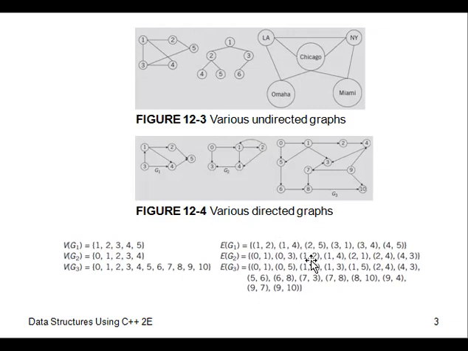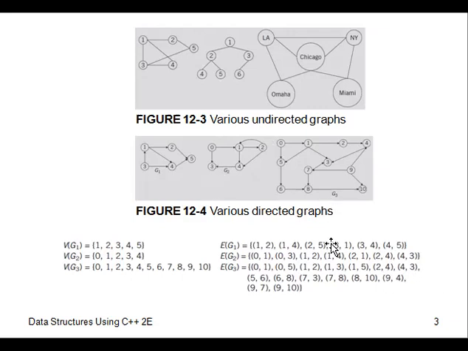So the edges can be represented as 1 comma 2 and 1 comma 4. From the second vertex, the edges visited are 2 comma 1, 2 comma 4. Only two edges. From the fourth vertex, only one vertex can be visited, that is 4 comma 3.